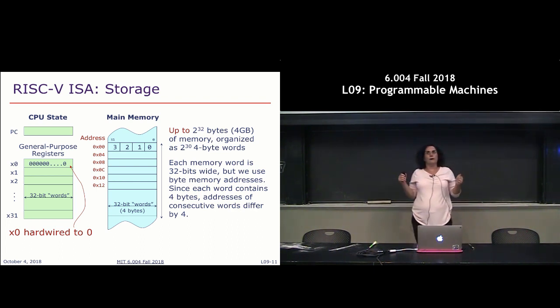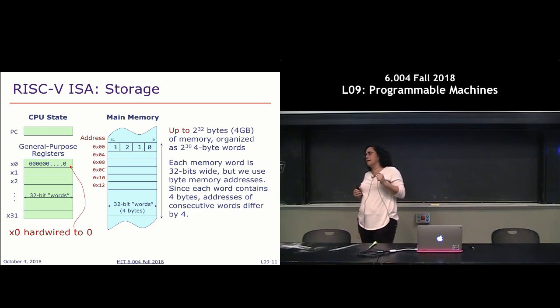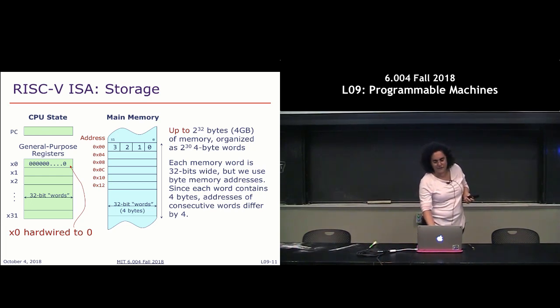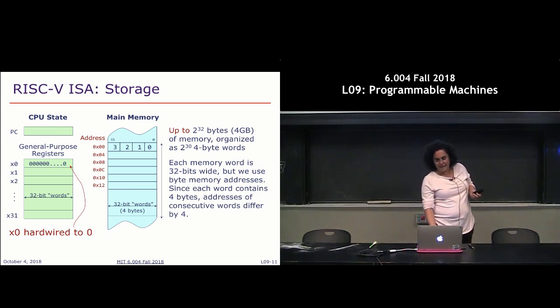So if I want to go to the next instruction, how much do I need to add to my program counter? 4. Okay, so if I was at instruction 0, the next instruction is going to be located at address 4.